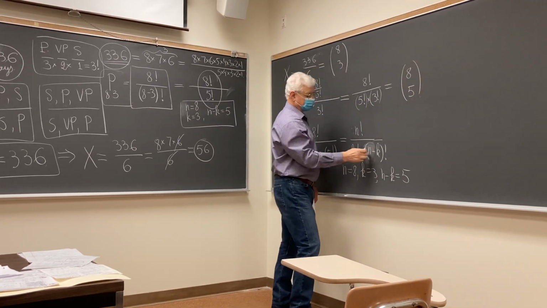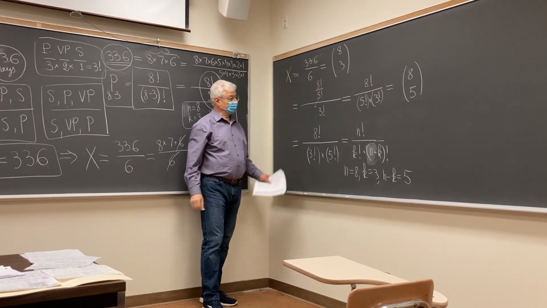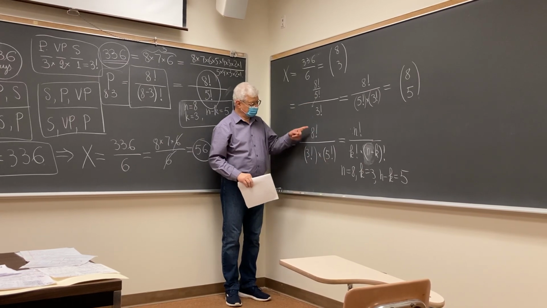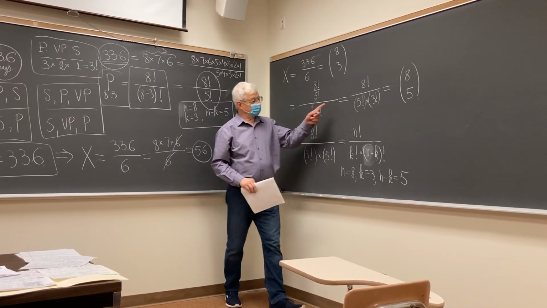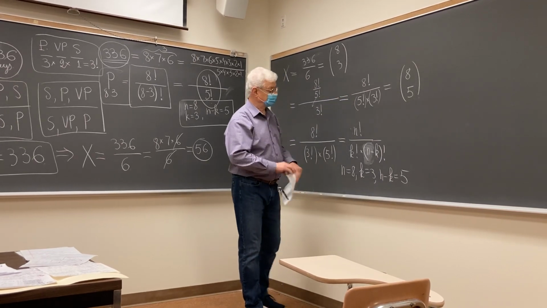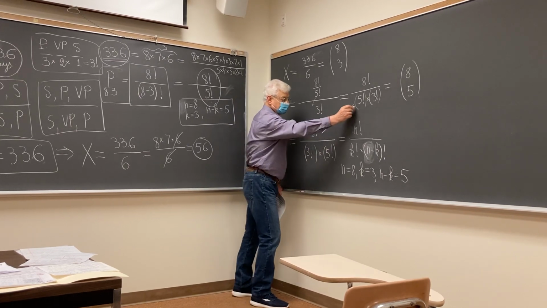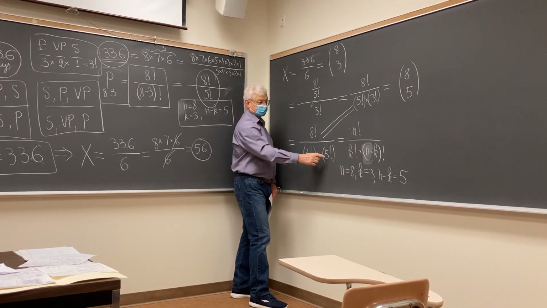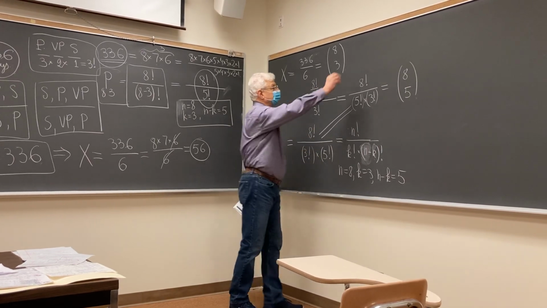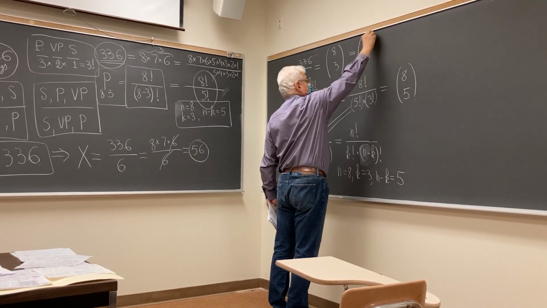And what's left over, n minus k, will be 3. So it will be 8 choose 5. So if I write 5 factorial on the right side, I have 8 choose 3. If I write 5 factorial below on the left side, it will be 8 choose 5. But the numbers are the same. Okay? That number is equal to this number. So the product is the same in the denominator, yes? So these two numbers are equal, and we got the following expression: 8 choose 3 equals 8 choose 5.